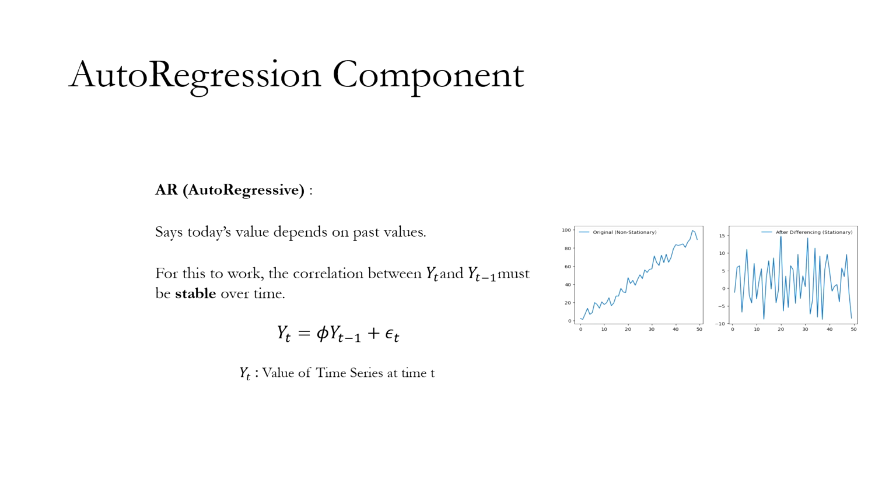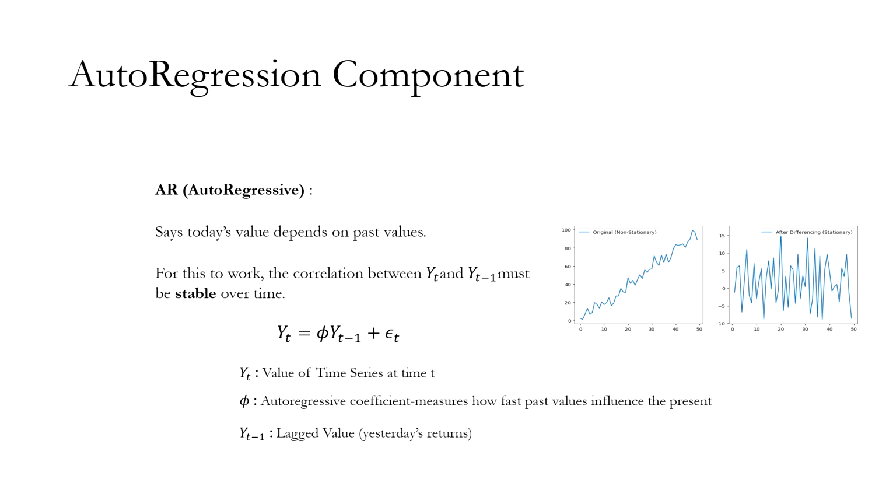Here in the autoregressive equation, Yt is the value of the time series at time t. Phi is the autoregressive coefficient, which measures how fast past values influence the present. Yt-1 is the lagged value, yesterday's returns. And et is today's error term.